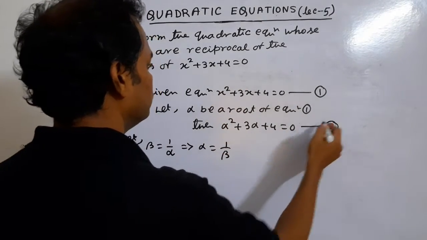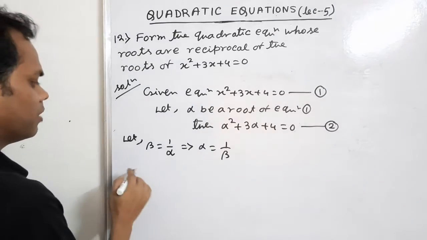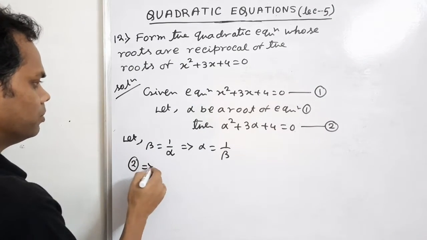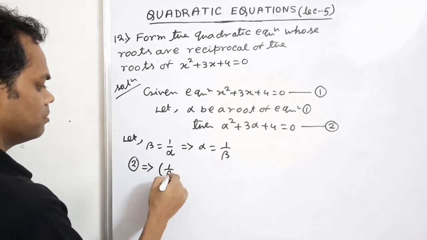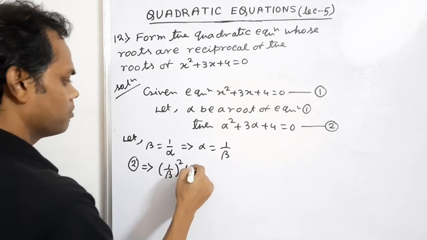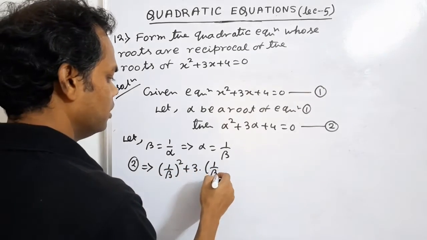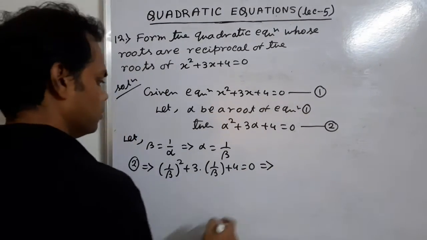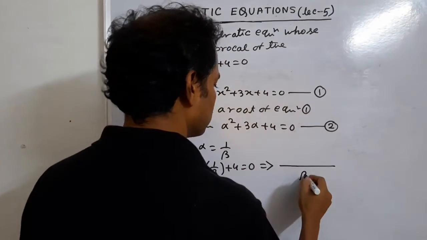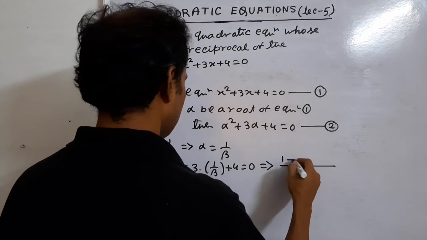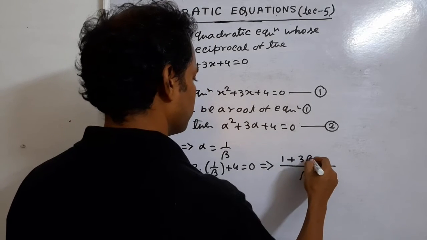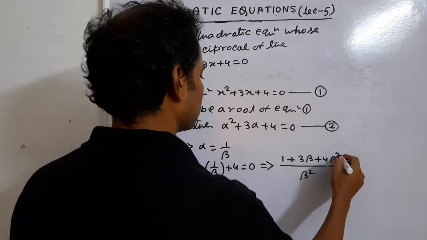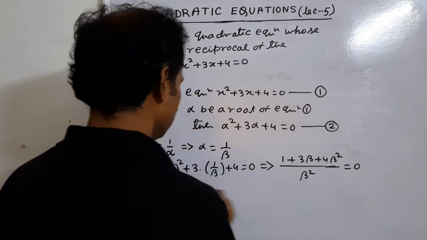Then in equation 2 we replace alpha by 1 by beta. So 1 by beta square plus 3 into 1 by beta plus 4 equal to 0. By LCM, beta square is there: 1 plus 3 beta plus 4 beta square equals 0.